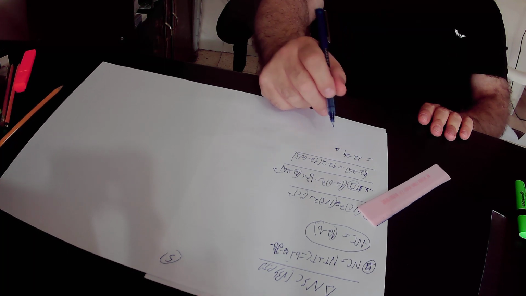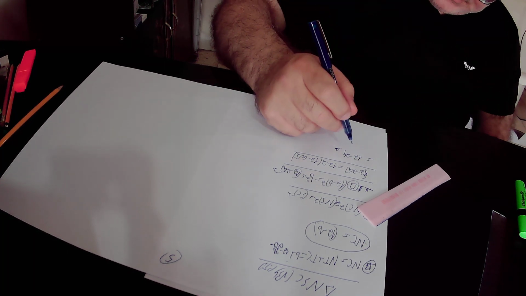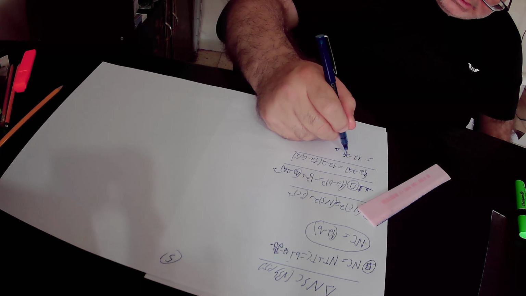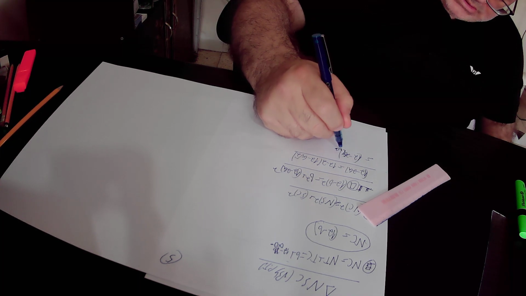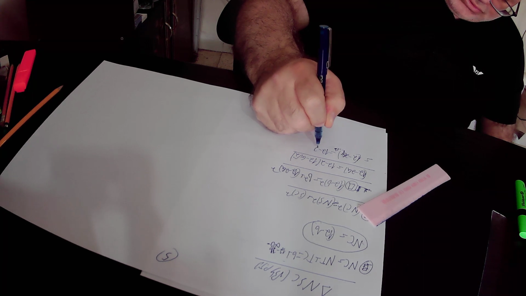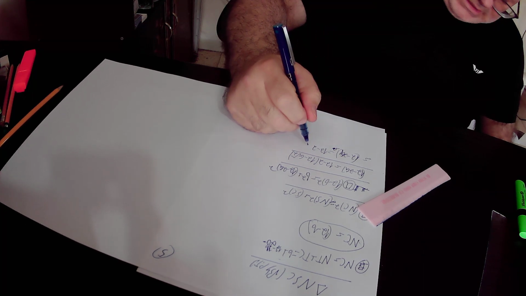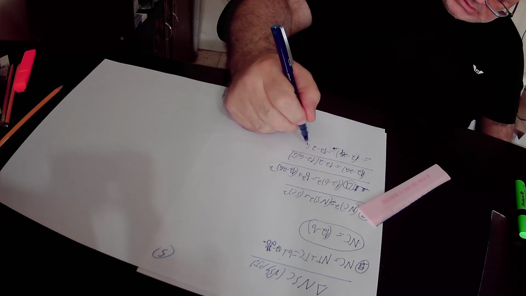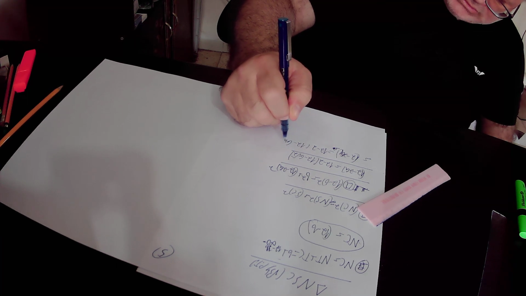So 12 minus 2A equals 12 minus 2 times A, and A is equal to 12 minus 6 times root of 2.